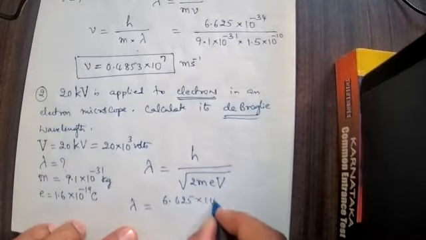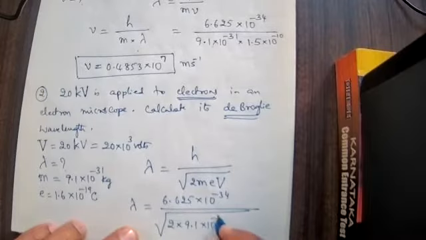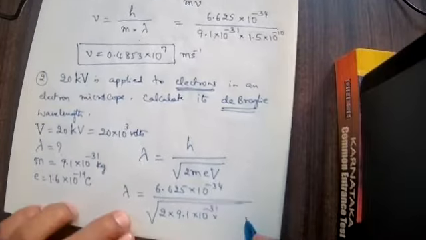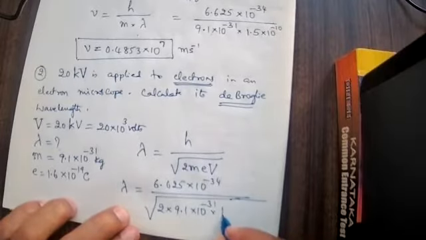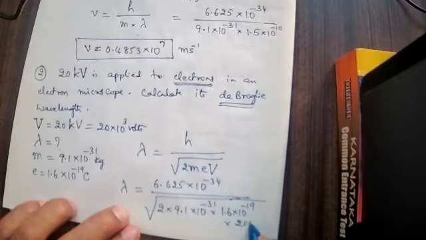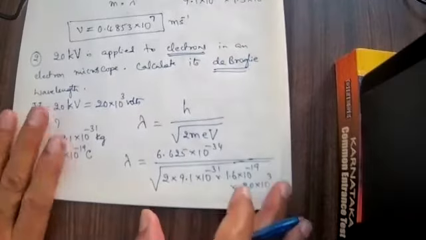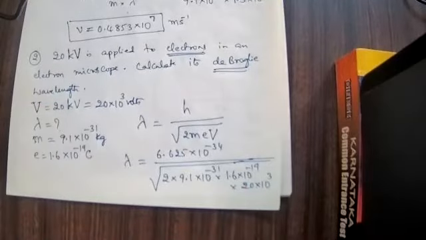6.625 divided by square root of 2 into 9.1 times 10 to the power minus 31, electron charge 1.6, multiplied by 20 into 10 to the power 3. I will not solve it, you have to do the calculation part.